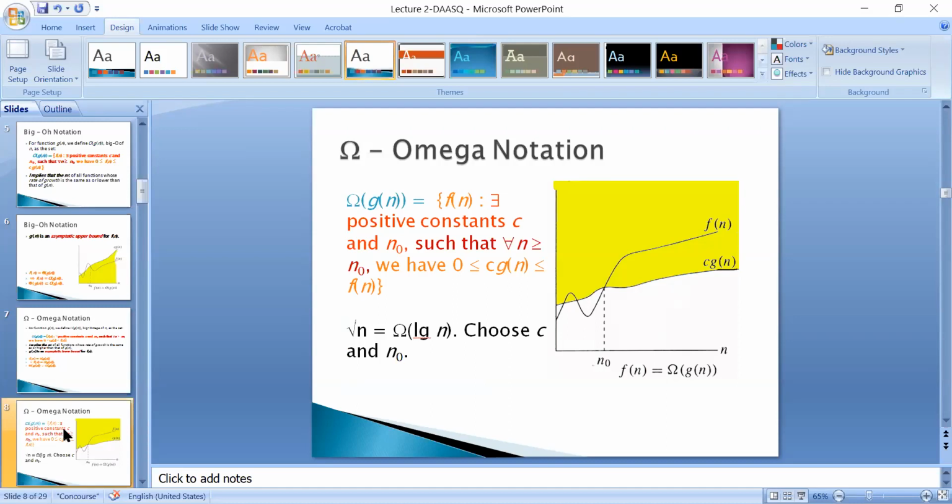So if you tell somebody that you are writing a program and its runtime will be omega of Gn, that means the runtime will always be greater than Gn. That's why you will not see us using omega notation to describe a function. You cannot tell somebody, the runtime of your program is going to be at least 10 seconds.